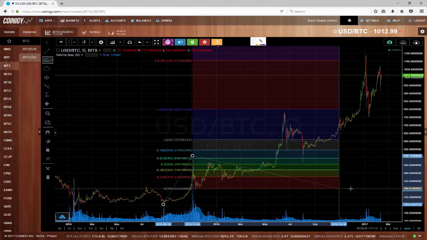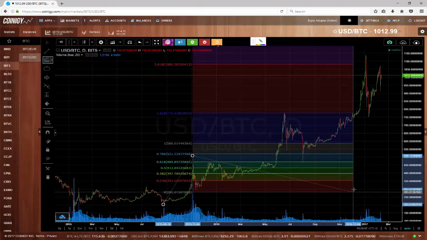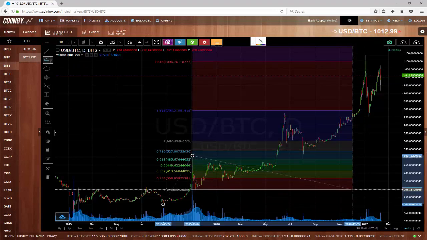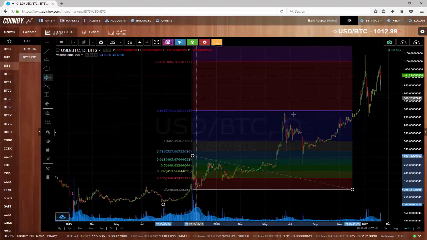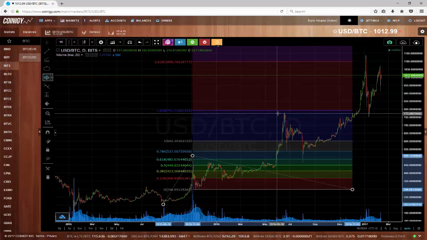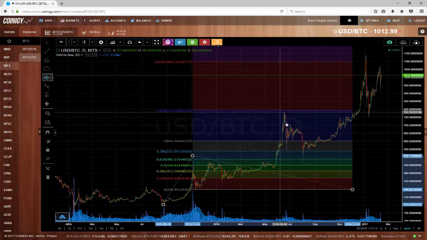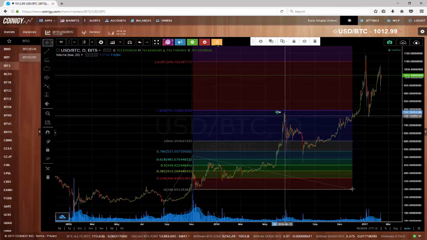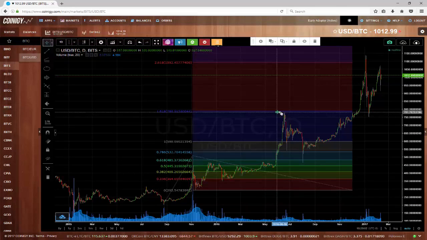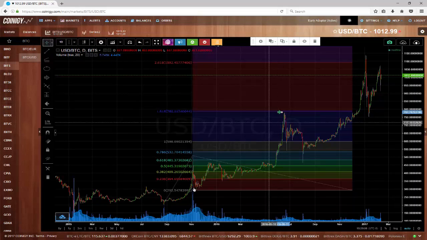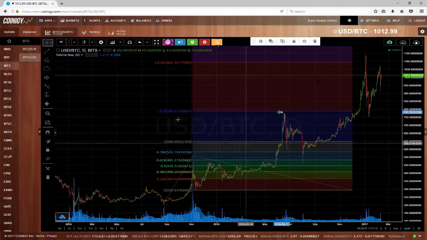And you'll notice something interesting here is that the next major level up is exactly around the 1.618 area. In fact, I could probably even just pull this down just a little bit more. Right there. And it's not like it's going to necessarily hit these areas on the nose, but sometimes it does. So this basically just extended out to the 1.618 area.